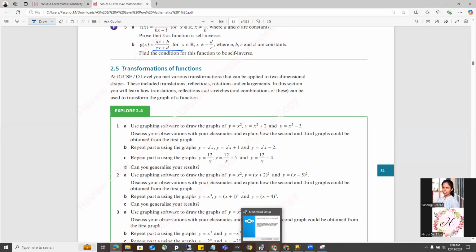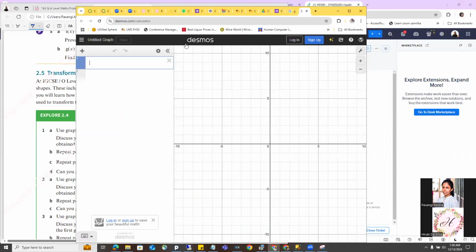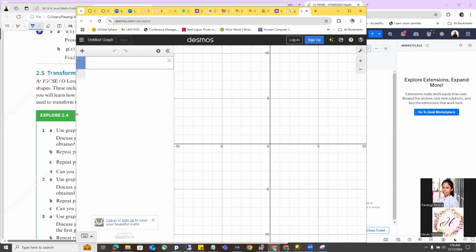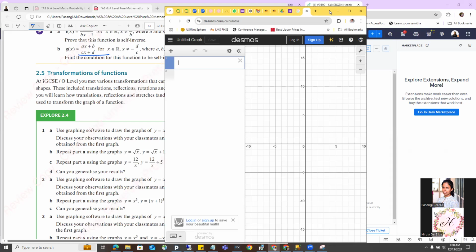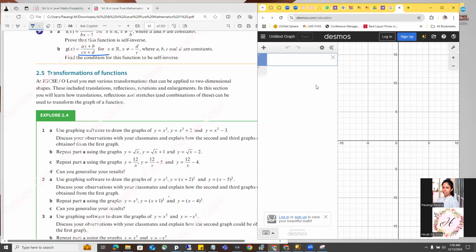I'll first type y equals x squared. That is the first one.